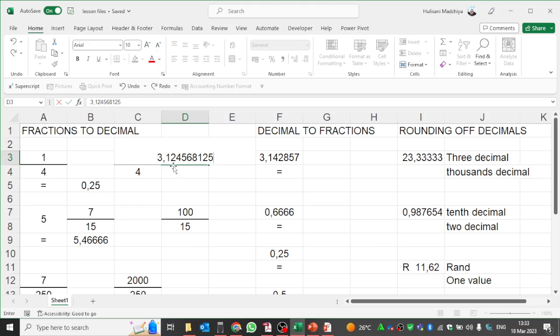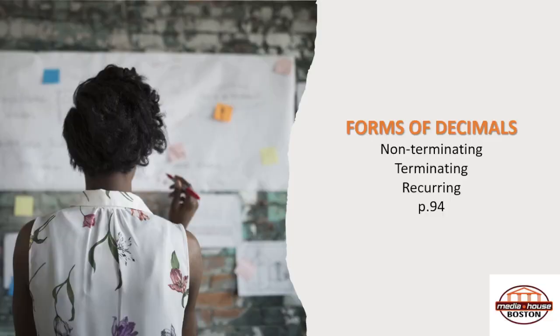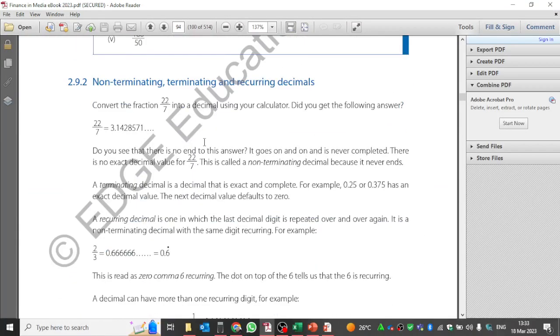And then we've got the ones that end, which are referred to as terminating decimals. A terminating decimal is a decimal that is exact and complete. For example, we've got 0,25. So 0,25 is terminating. It does not continue after a certain number.